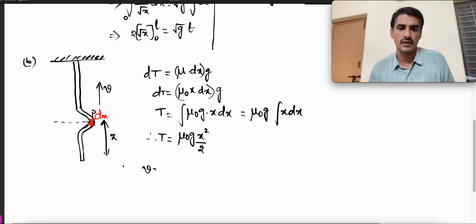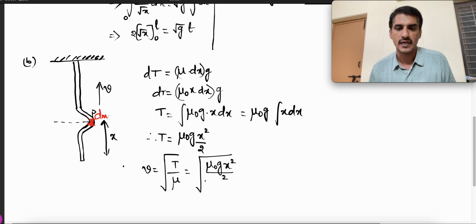So v is equal to root of T by mu. So root of T value, mu naught g x square by 2, divided by mu, which is nothing but mu naught into x, right?